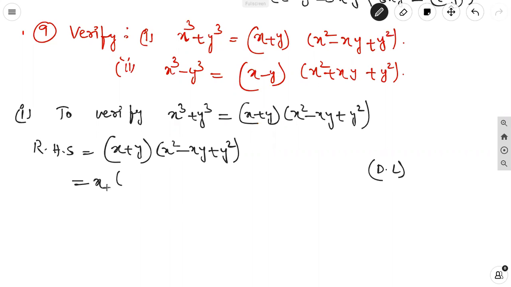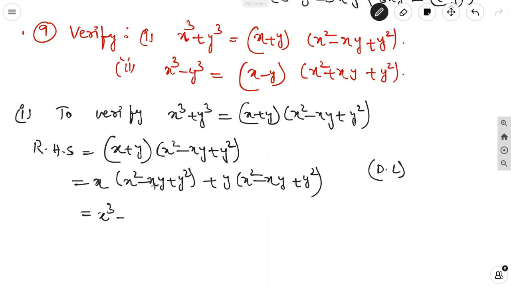I'm taking the left distribution law: x into x square minus xy plus y square plus y into x square minus xy plus y square. Now again multiply: x into x square is x cube, x into xy is minus x square y, plus into minus minus.